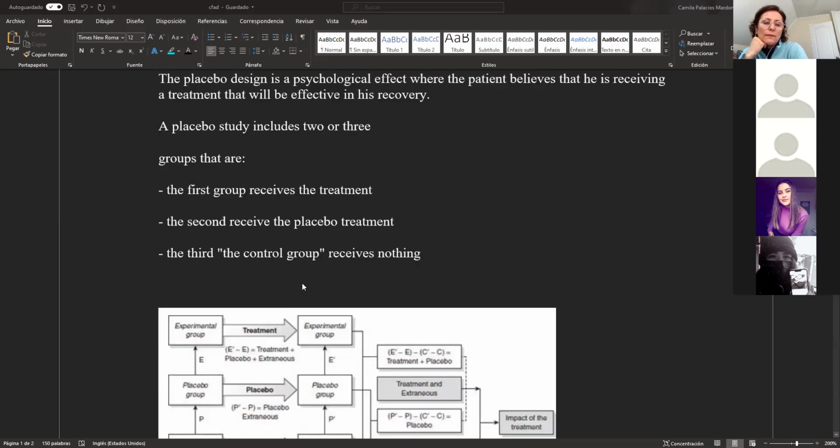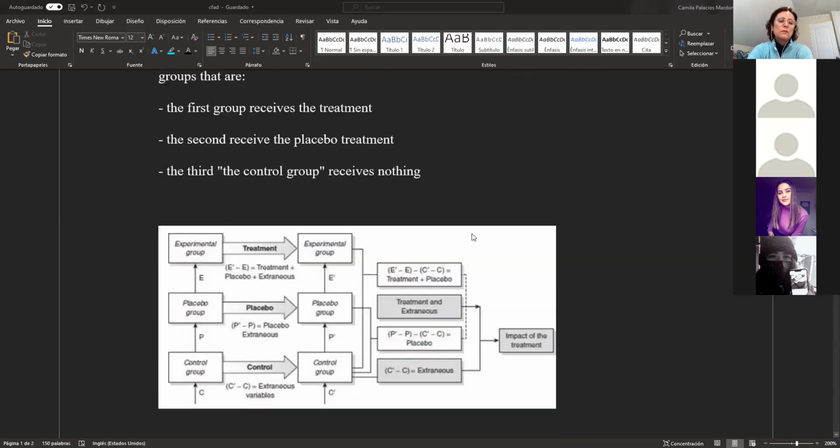Yes, in general it's to see the effect. So for example, a group has SARS-CoV-2 and receives the vaccine.